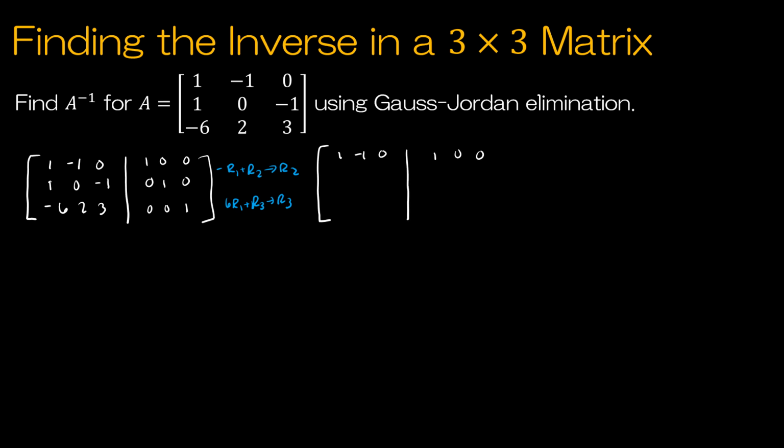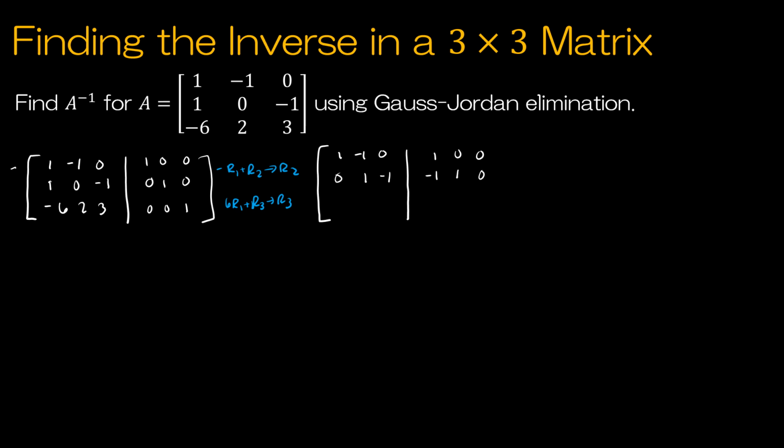Row 2 is negative row 1 plus row 2, so I'm taking a negative times the first row, so that's -1 plus 1 is 0, positive 1 plus 1 plus 0 is 1, 0 plus -1 is -1, -1 plus 0, 0 plus 1, 0 plus 0.